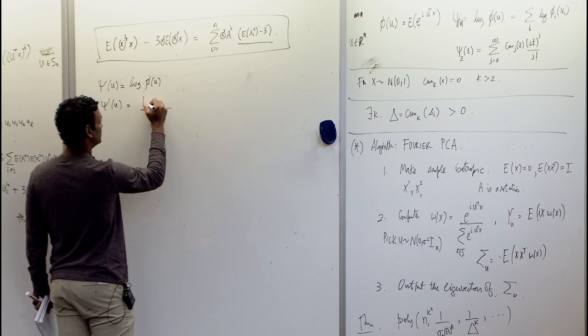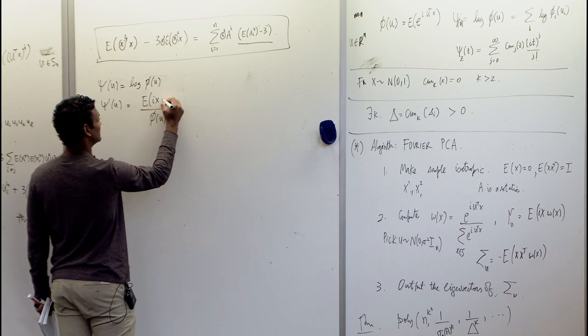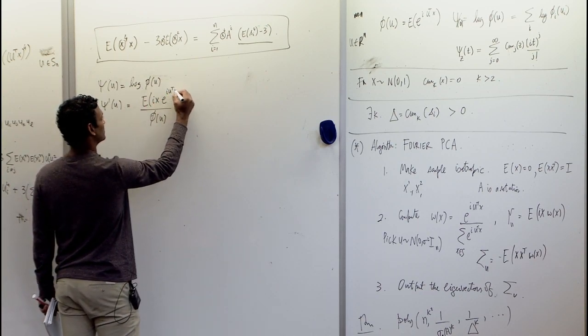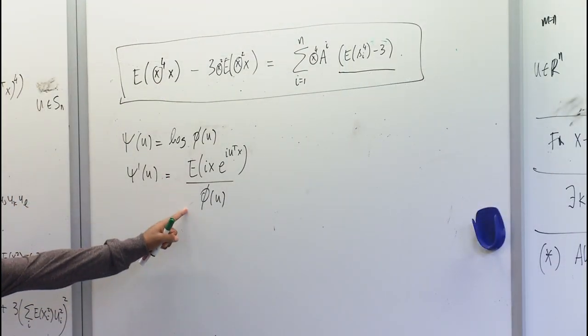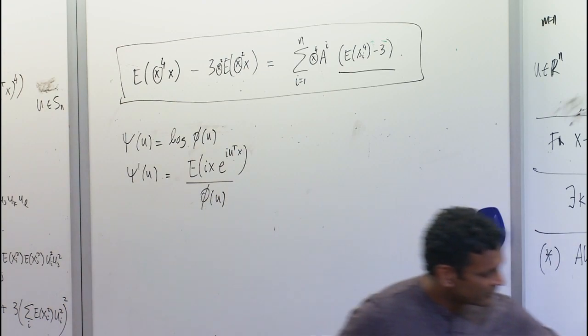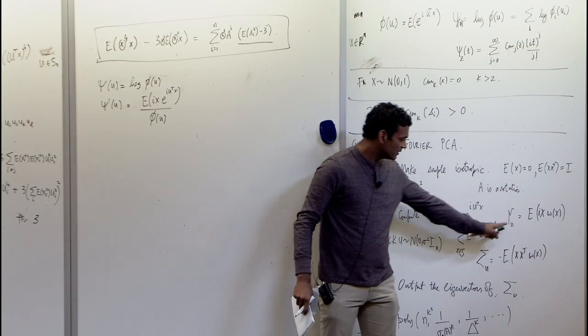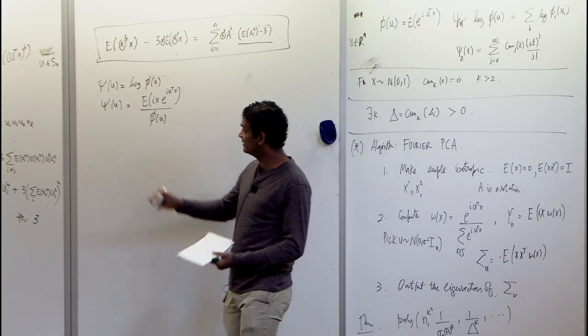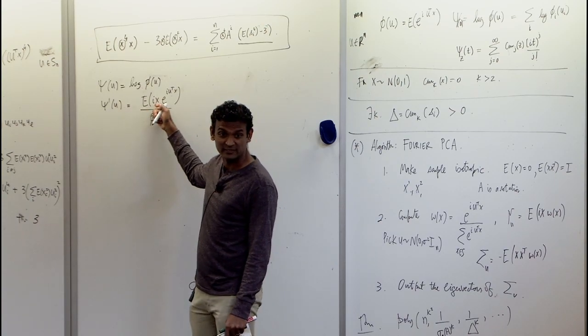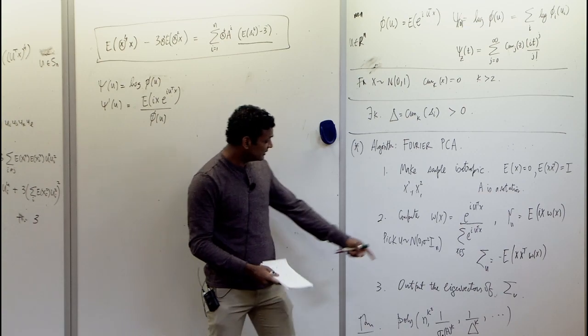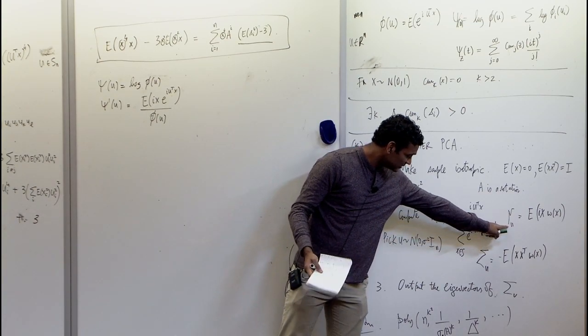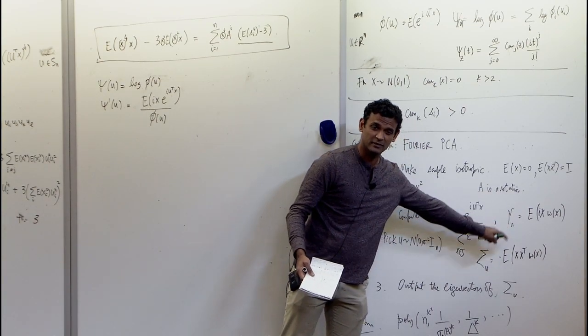So the expectation stays, and I get ix e to the i u transpose x. This looks very much like this mean here. Here is the weight, here is the mean. So the first derivative, which is a vector now, by this I just mean the vector of the partial derivatives, is exactly the limit of this empirical mean we computed.